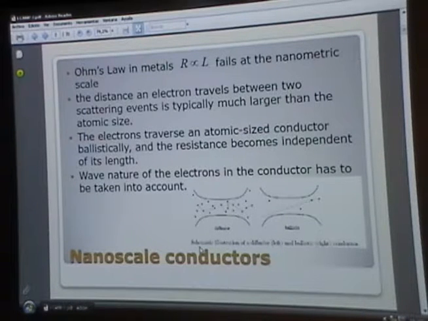So, in principle, you don't have so much diffusive transport, which means that you don't have too many scattering events between the electrons and the ions or the crystalline lattice. So, principally, the wave nature of the electron has to be taken into account, which means that we have to think in a different way for considering the quantum transport, or the electronic transport, through this kind of system.